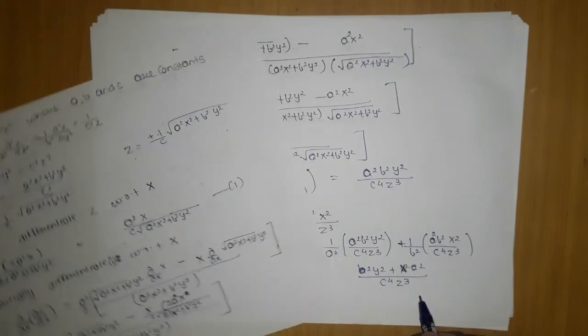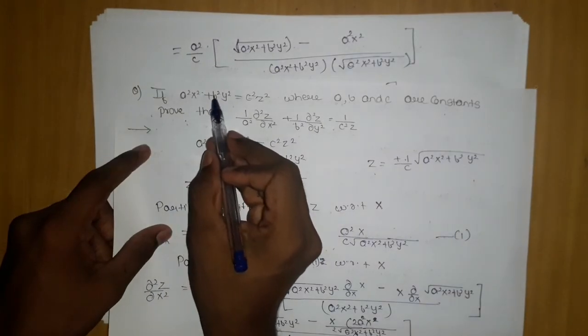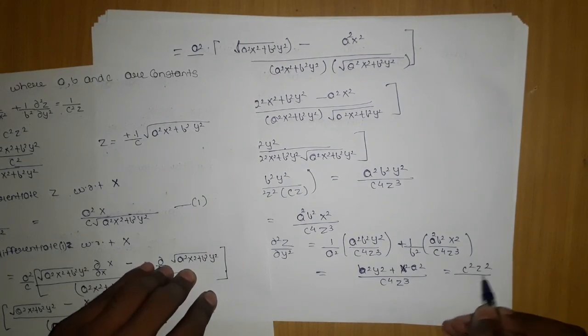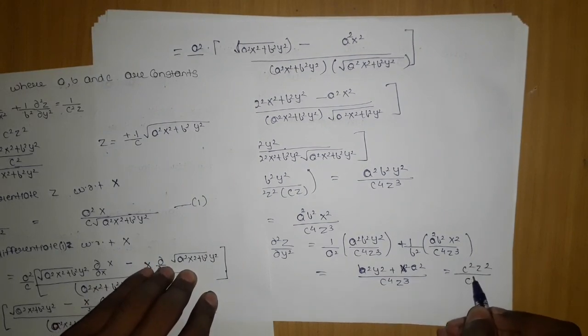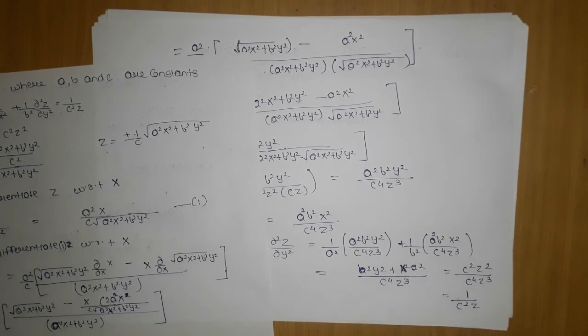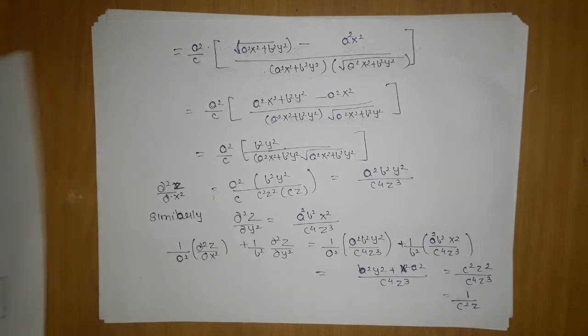Now you know that a square x square plus b square y square is c square z square. So we are going to write here c square z square, the whole by c raised to 4 z cube, which will cancel out this, giving me finally 1 by c square z. So we have proved the given result also.